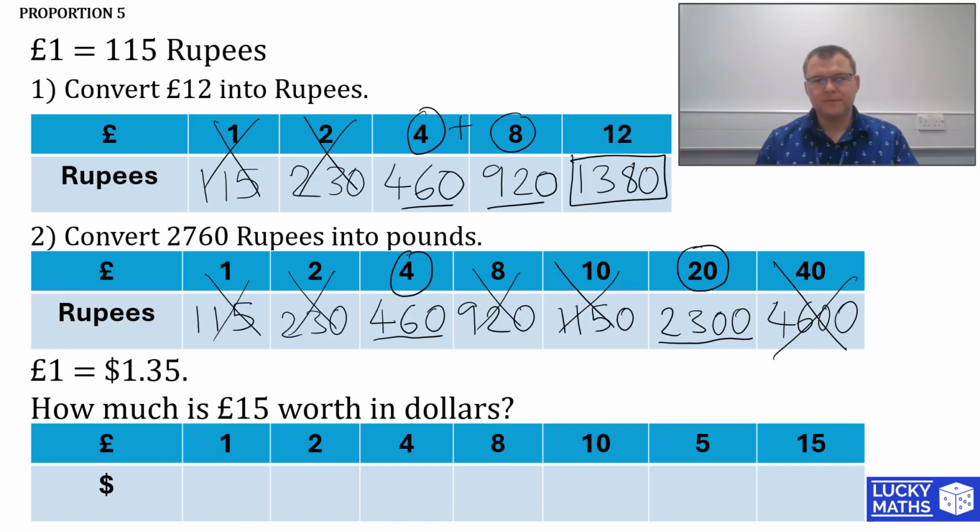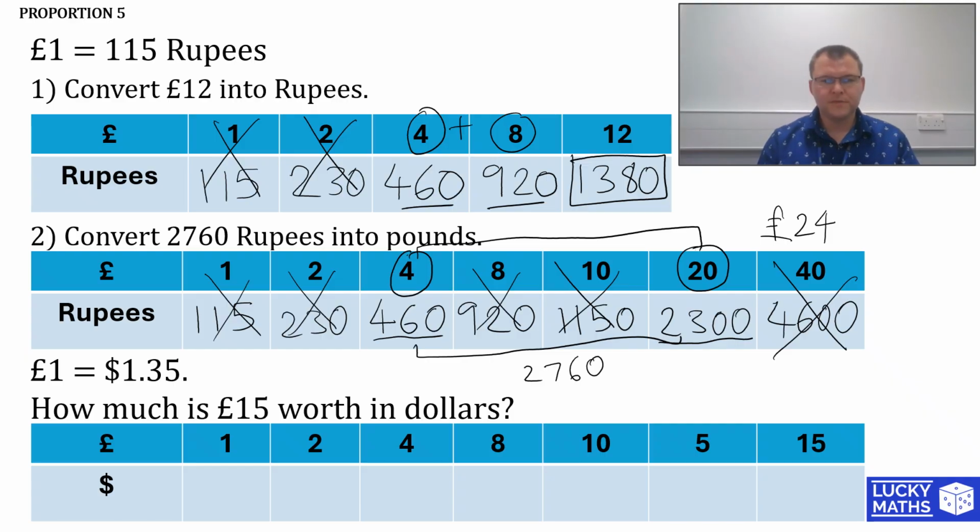But basically, the answer is going to be £24. Because again, if you add the two components at the bottom there, it's 2,760. So if we know £20 and £4 means together £24 equals 2,760 rupees.